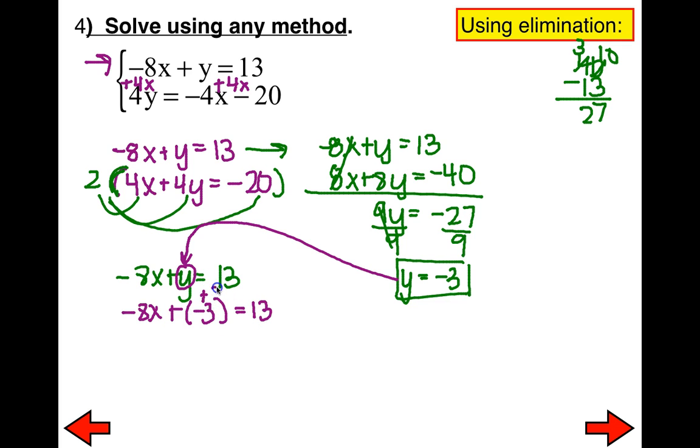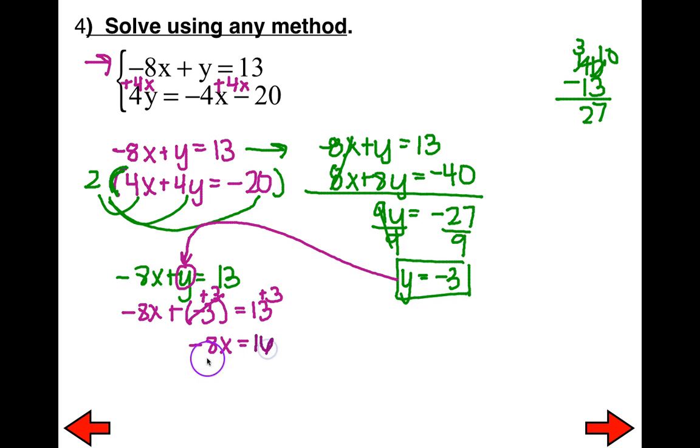We're going to get rid of the constant by adding 3 to both sides, leaving me with negative 8x equals 16. Now simply divide both sides by negative 8, and I'm left with x equals a negative 2.